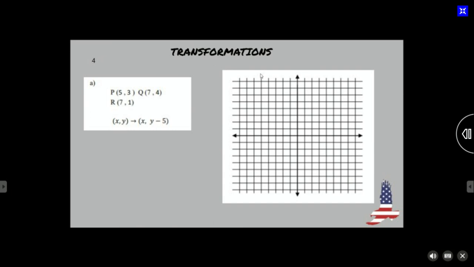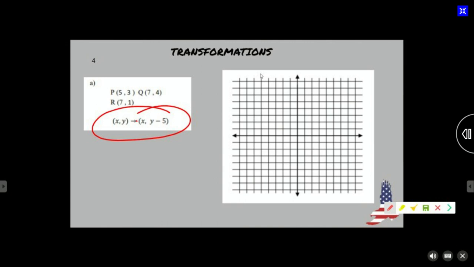Look at your rule on problem 4. What are we going to do to the X and the Y? What does your rule say to do to the X? Nothing. The X is just going to stay because it just says X there, right?